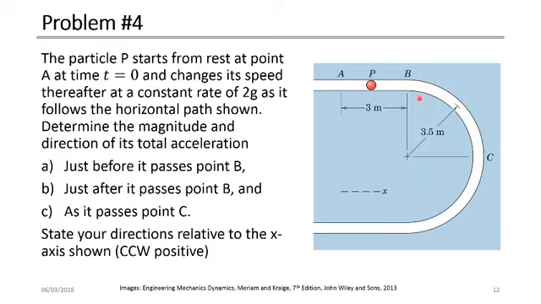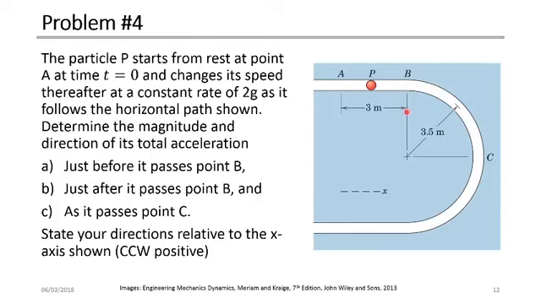So in order to find the total acceleration, we are required to find the tangential acceleration and the normal acceleration. The normal acceleration is directed from the particle towards the center of rotation, and the radius of curvature here is given as 3.5. So at this point P, the tangential acceleration, which is horizontal in this case, is given as 19.62. All we need to do is calculate the normal acceleration.